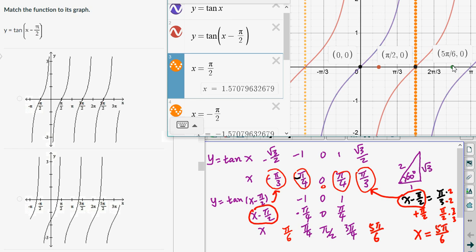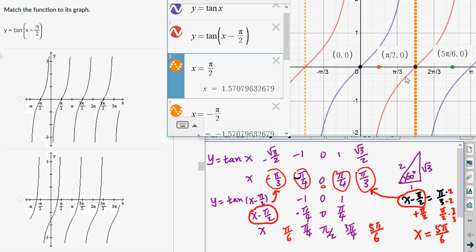So then how much did it actually shift? What's the distance between pi over 3 and 5 pi over 6? One denominator is 6, the other is 3. To make 3 be 6, you must multiply by 2 on both numerator and denominator. So with denominator 6, upstairs has to be 2 pi. 5 pi minus 2 pi is 3 pi.